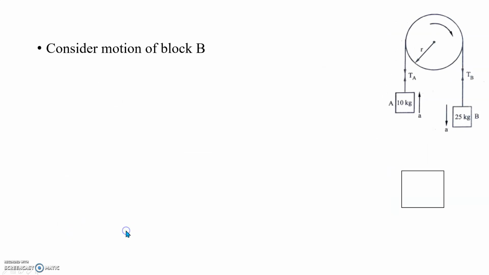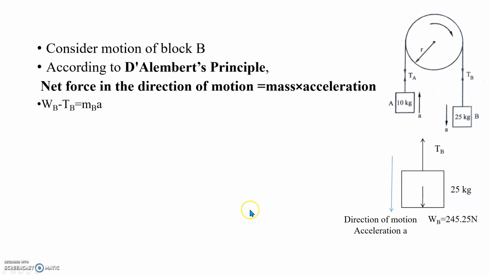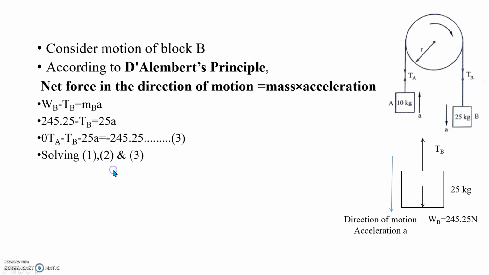Now let's consider the motion of block B, that is this block, denoting all the forces acting on block B. Direction of motion is in downward direction. According to D'Alembert's principle, this is our relation, and substituting the values we form another equation of the form ax plus by plus cz equal to d. Now we can solve all these three simultaneous equations by using a calculator.